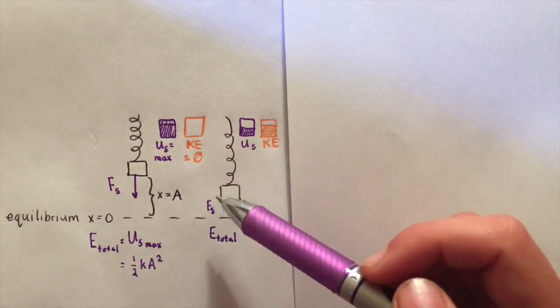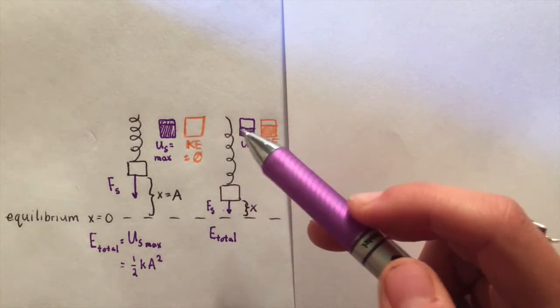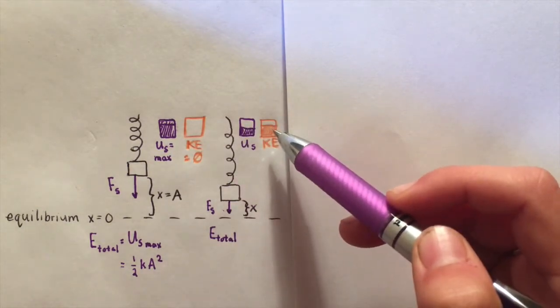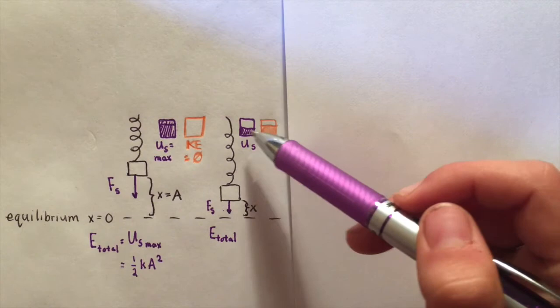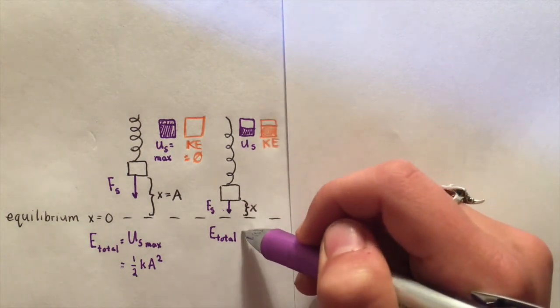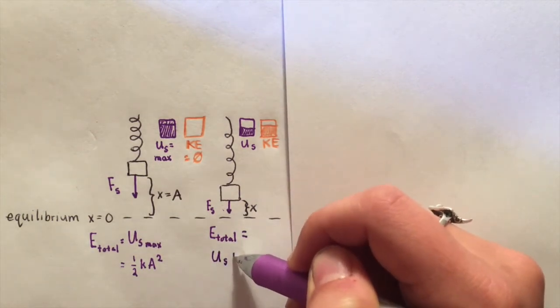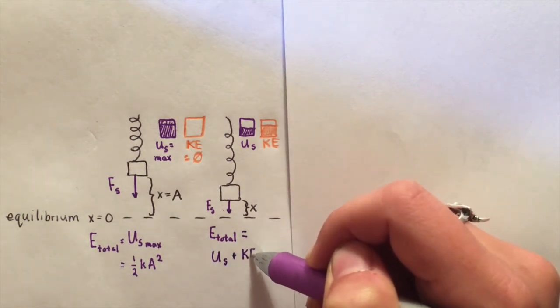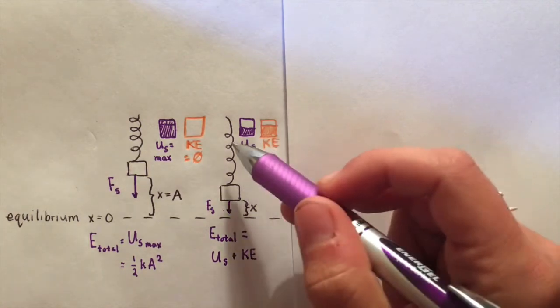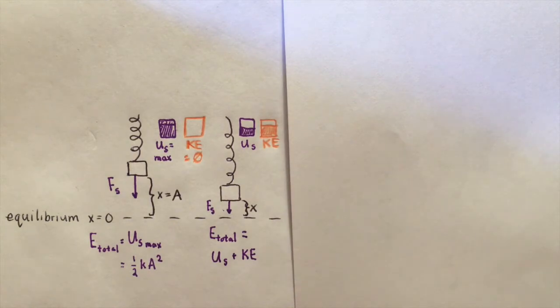Remember, we haven't gained any energy, just the energy that we had has now converted into another type of energy. So now the total energy is split between spring potential and kinetic energy. So the total energy is equal to the spring potential energy plus the kinetic energy. And notice none of the bins are completely filled, so none of these energies are at their maximum value.